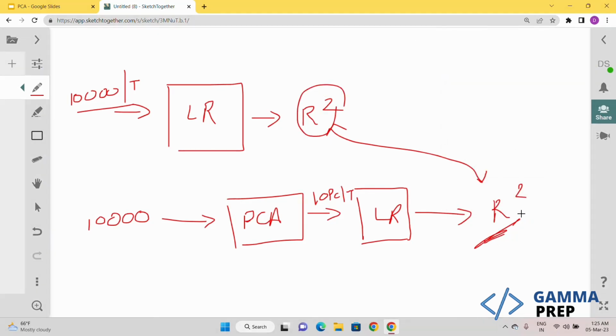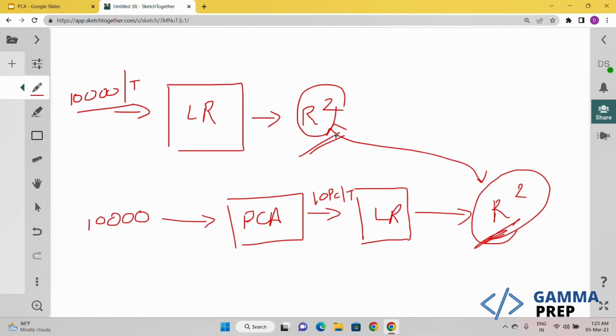Okay, so if the algorithm is performing just as well as the original data set, or even slightly lesser than the original one, then it's fine. So basically, this PCA should not reduce your evaluation metrics very significantly. It can obviously be a bit less or almost similar to this R square, but it should not be very, very less.